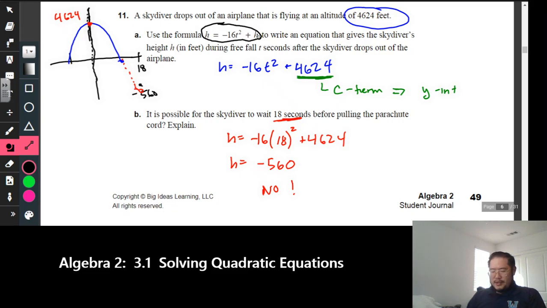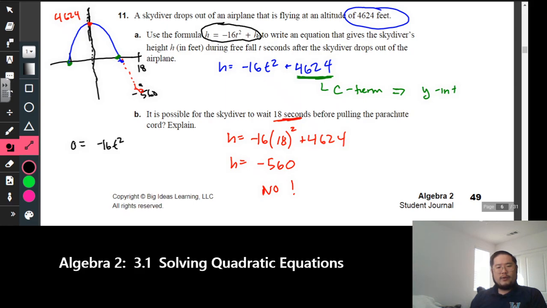So one of the cool things that you could also find out algebraically is what point, or how much time, this person can have before they deploy their parachute. And remember, what I care about is when height is 0. So the last part, and this is a little extra bonus, is that if height is 0, that's ground level.